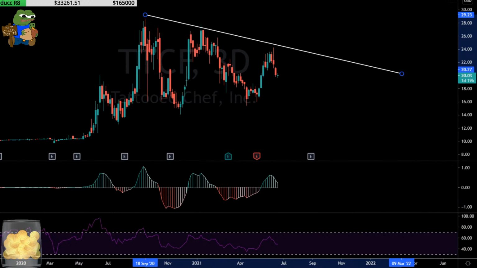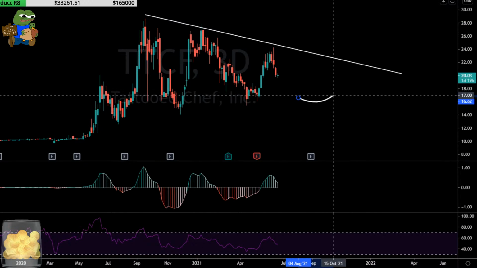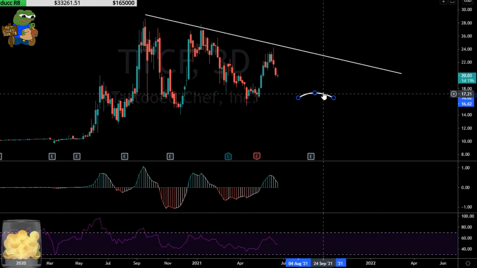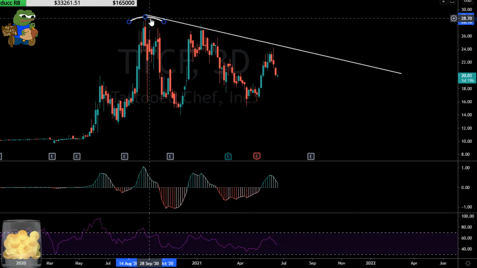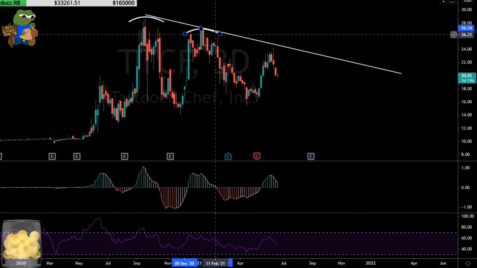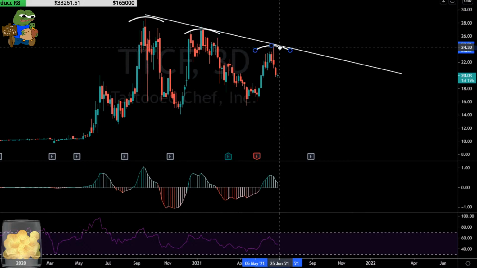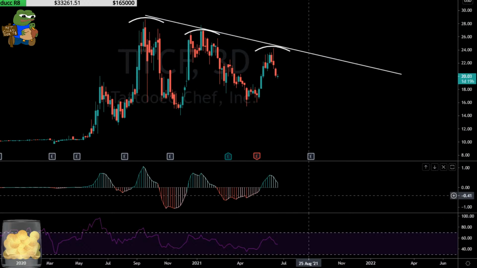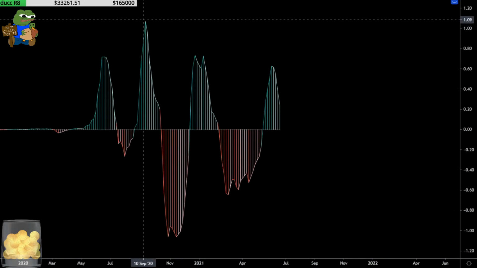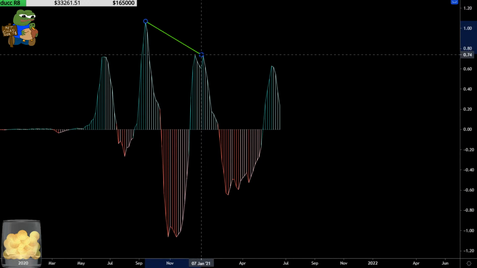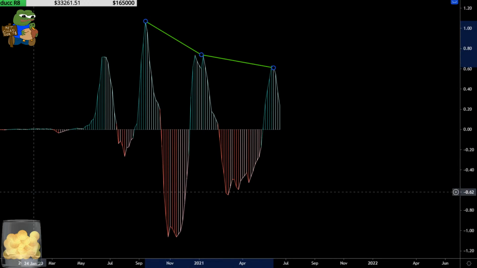Peak 1, peak 2. See your peaks. All right, 3 falling peaks with 3x bearish divergence on the 3-day. That's a lot of 3s.